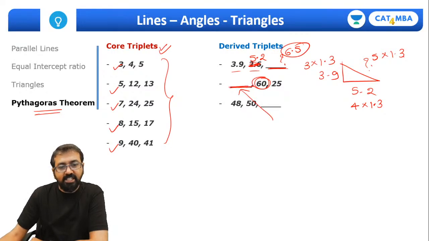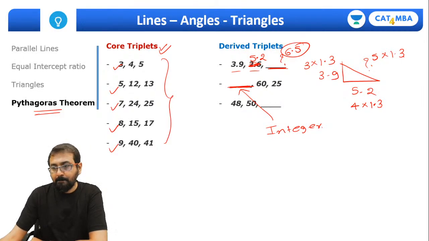What about this one? If you know this is an integer side, what will be this side? Yes, this should be 65.